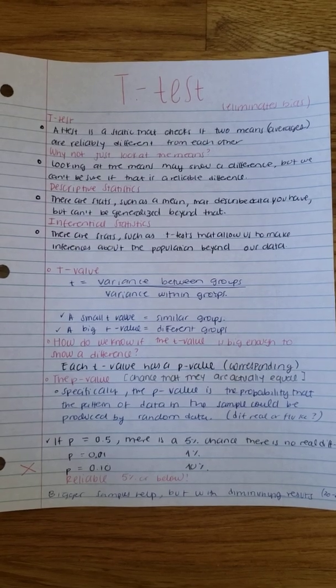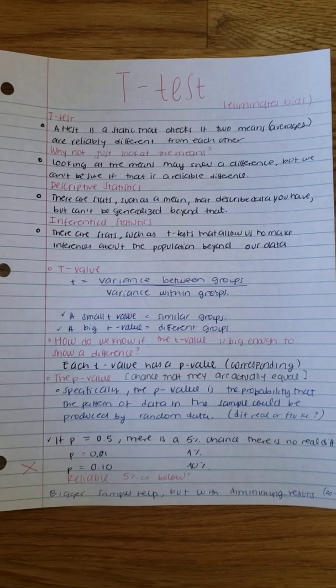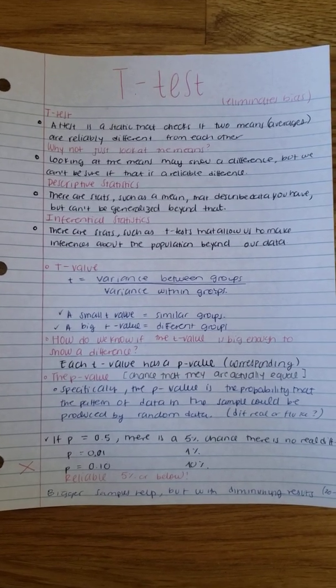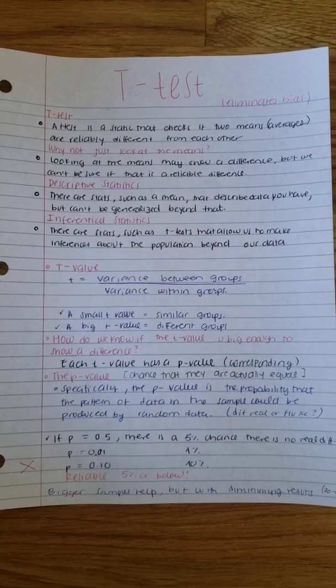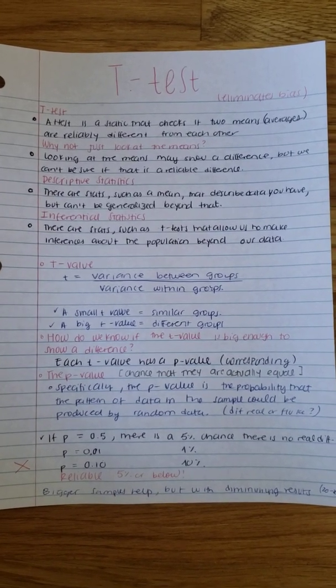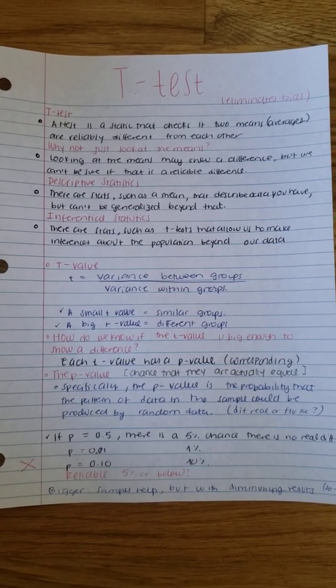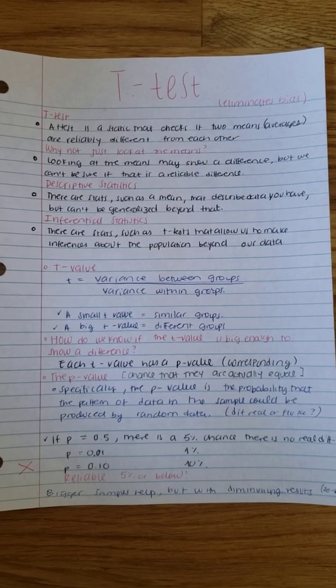The t-value is going to have a p-value corresponding to it on the data sheet. The p-value is the one that is going to tell us the chance that they are actually equal. Specifically, the p-value is the probability that the pattern of data of the sample could be produced by random data.